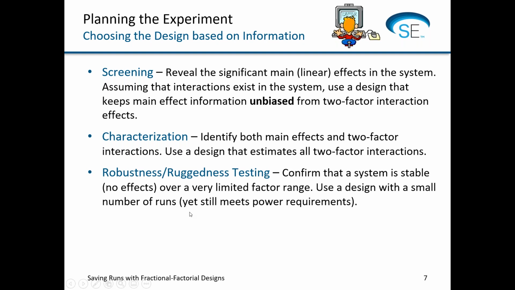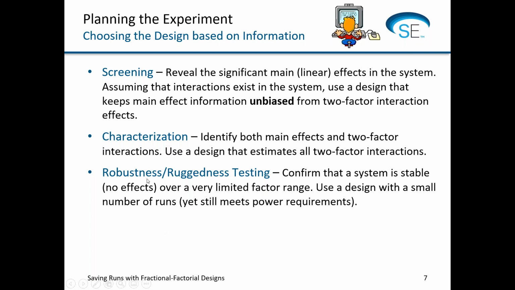And finally, a concept that we don't talk about very often, although there is a webinar specifically on this concept, robustness or ruggedness testing. This is where you confirm that a system is stable or has no effects over a very limited factor range. The FDA will require this be done for those of you who are in the pharmaceutical industry or in the food industry, anywhere where the FDA has some control over matters.